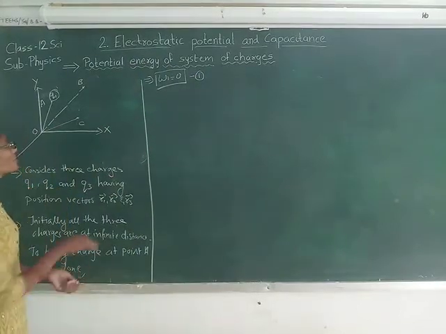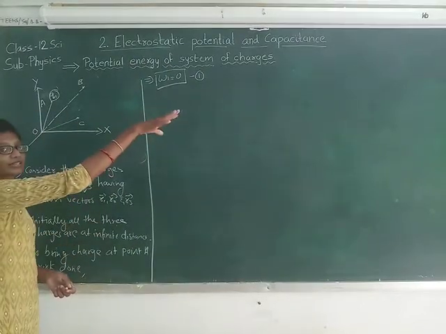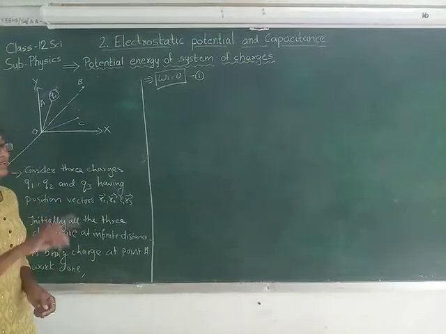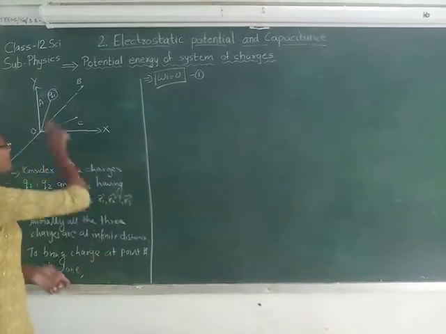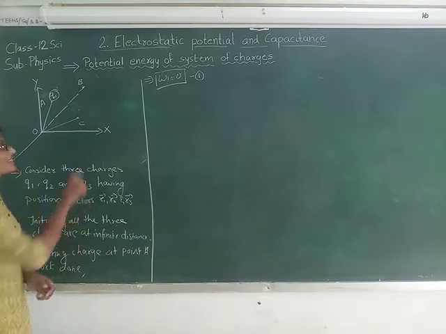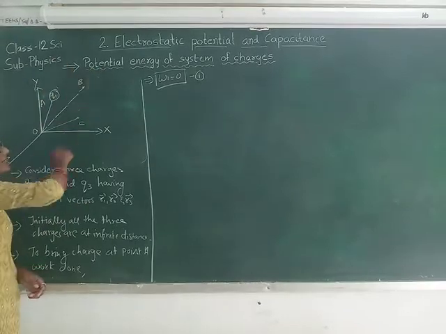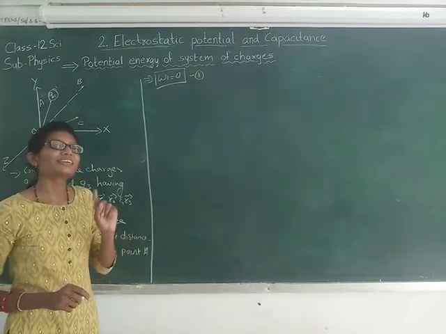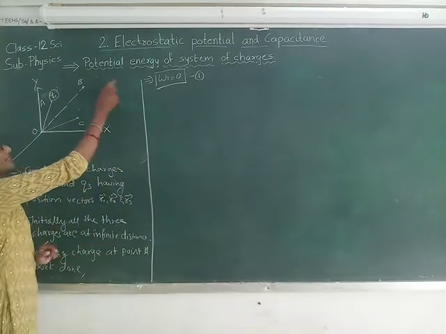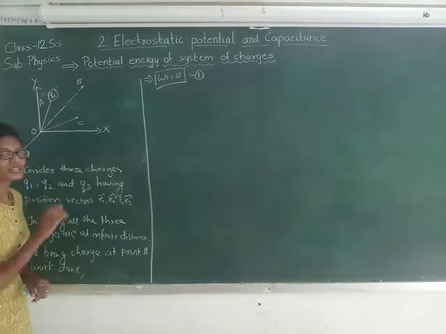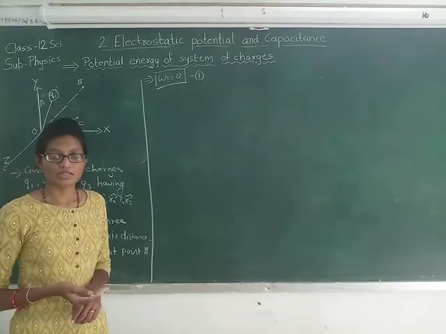Okay. So now what is done? From infinite distance we have taken the charge Q1 and placed it at point A. Now what we need to do? Now we have a charge Q1 over here, right? That means this charge will produce an electric field around it. Now we need to bring the charge Q2 from infinite distance to this point. So what will happen? Let us consider all these three charges as positive charges.